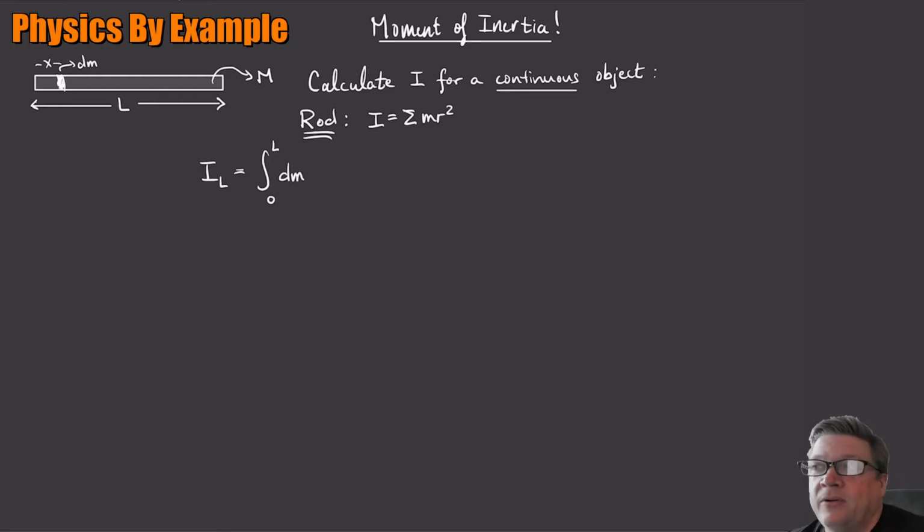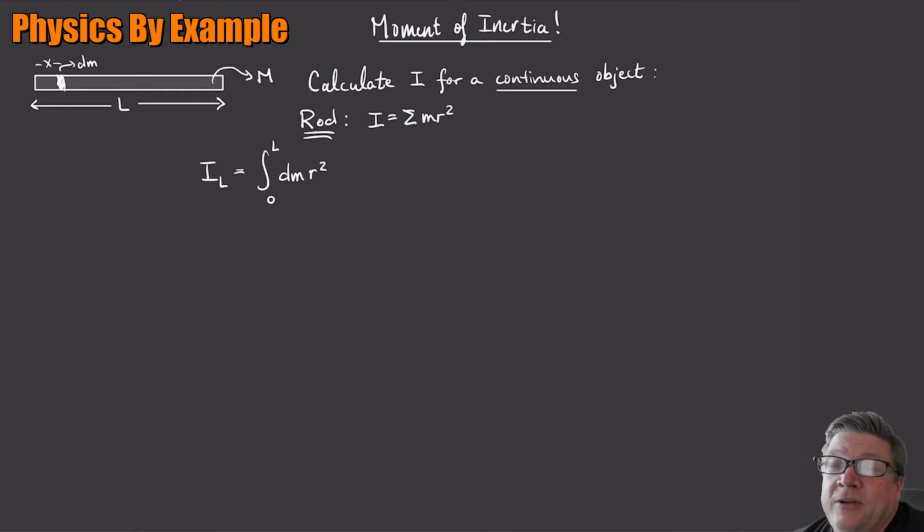So integrate up all the dm's, and multiply them by r squared. There we go. This, in fact, is going to be our starting point for a lot of these objects. We're just going to add up all the little bits of mass times each one's distance from the axis.